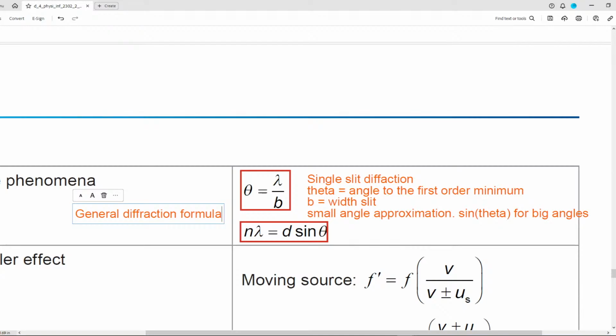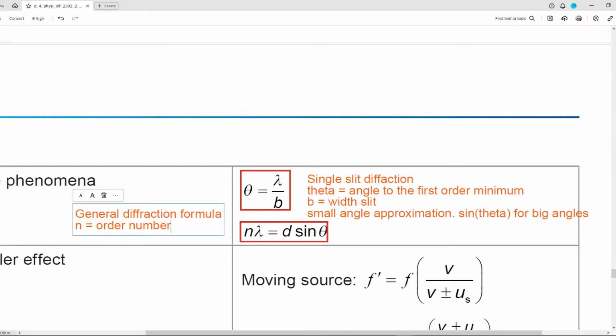It's n lambda equals d sine theta. The notation is the same as Young's double slit one, except they don't use the small angle approximation. Instead, n is the order number. Any order could be a maximum or minimum. First order minimum is 0.5, first order maximum is 1, and so on.